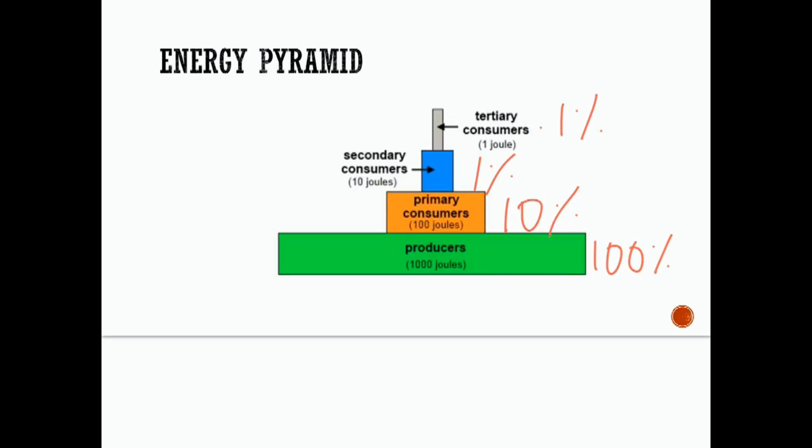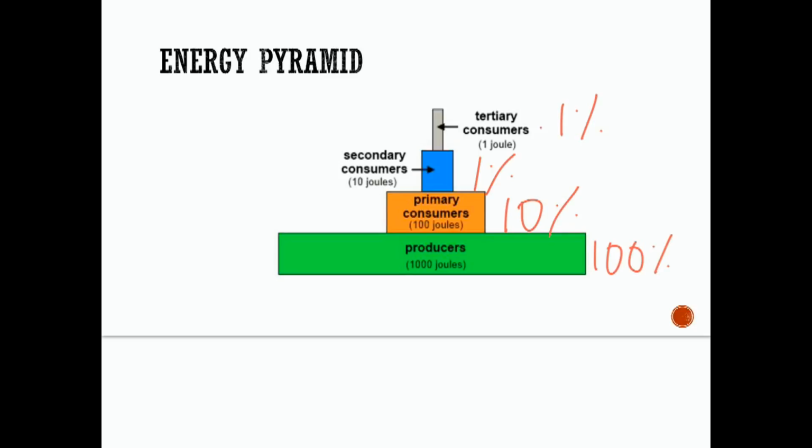Okay, so energy can also be written as joules. So they did this for the producer level. You've got about 1,000 joules of energy. Primary consumer, 100 joules. Secondary consumer, 10 joules. Tertiary consumer, 1 joule. Okay, I've also seen it written not as easy.